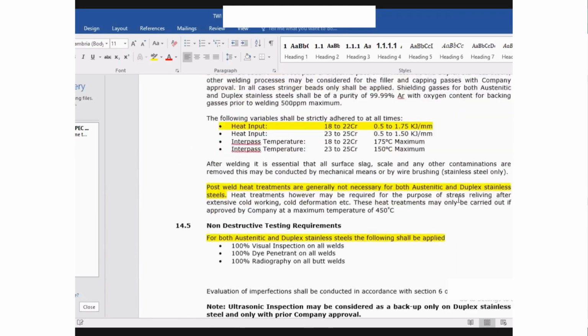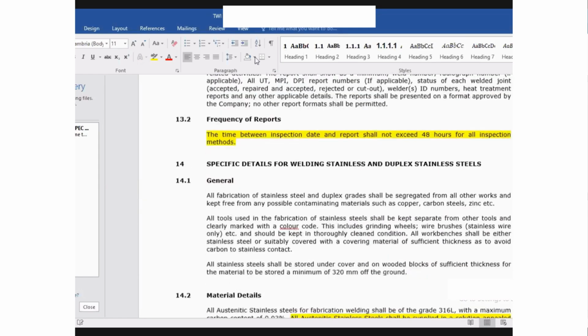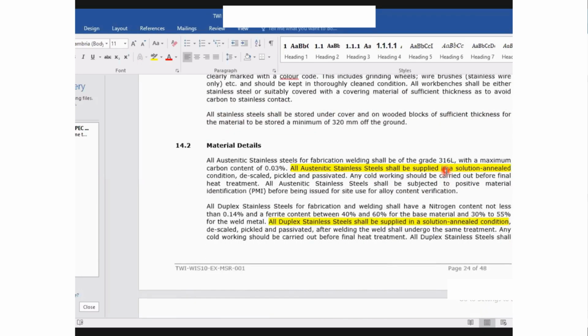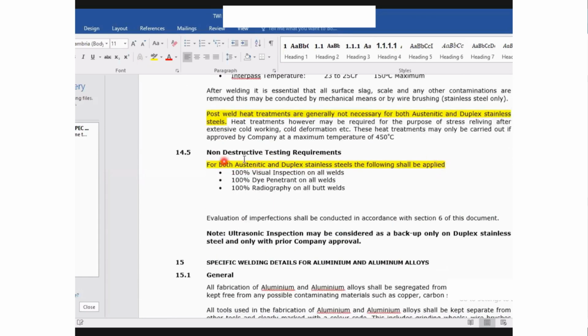Here, under specific details for welding stainless and duplex stainless steel. All right, if you look at the NDT requirement, for both austenitic and duplex stainless, the following shall apply.